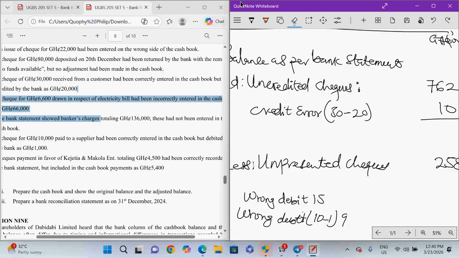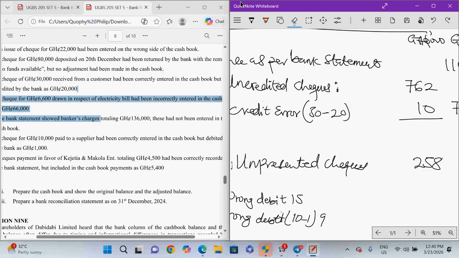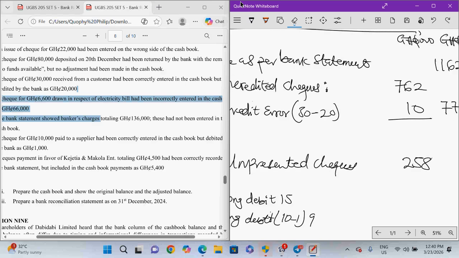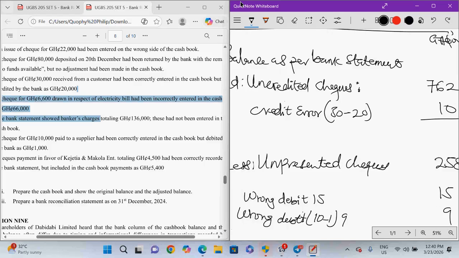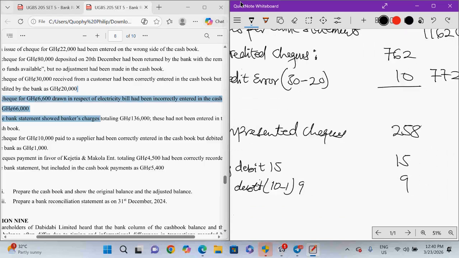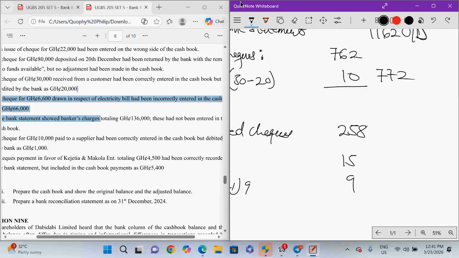Then what? Wrong debits. 9 and then 15. What else? That's all. Okay. So let's add it and see. 282.